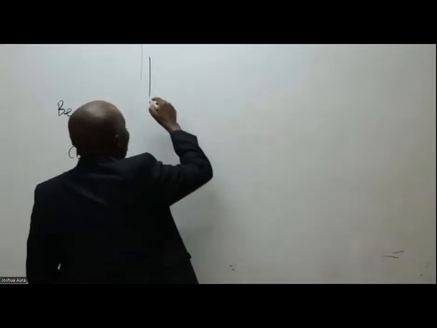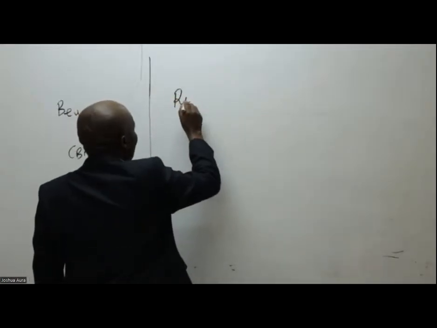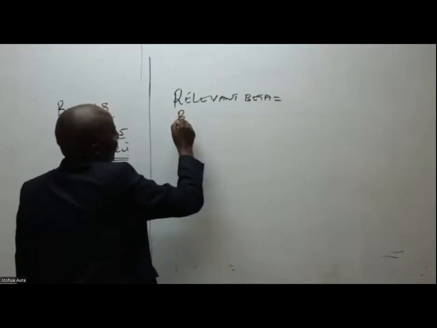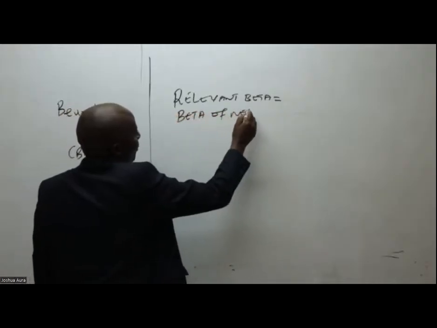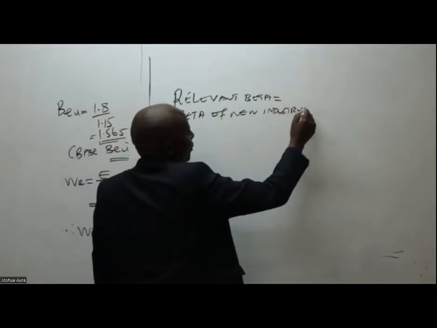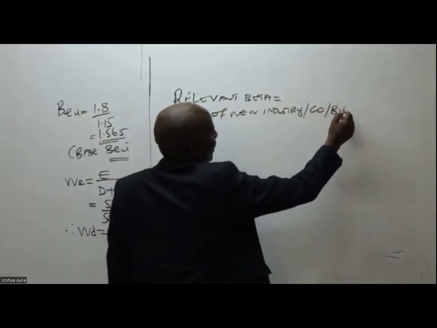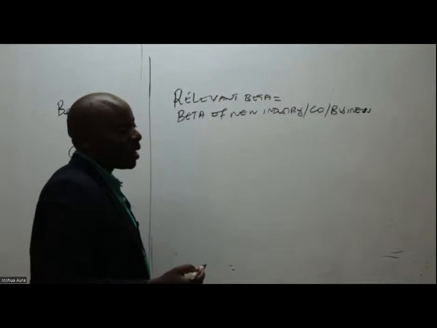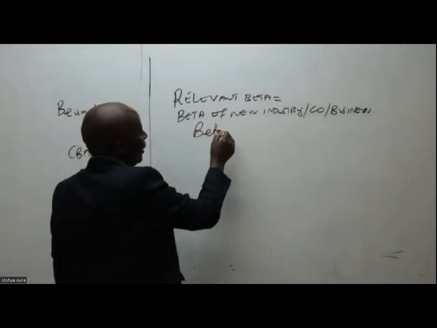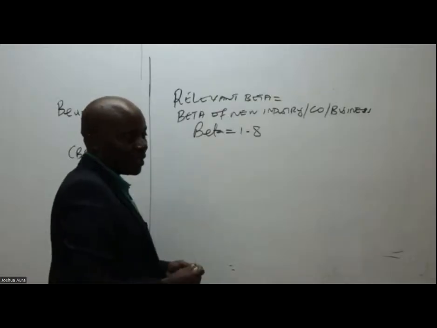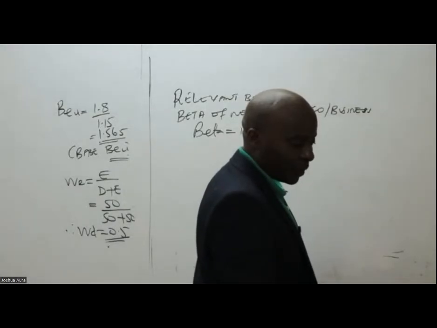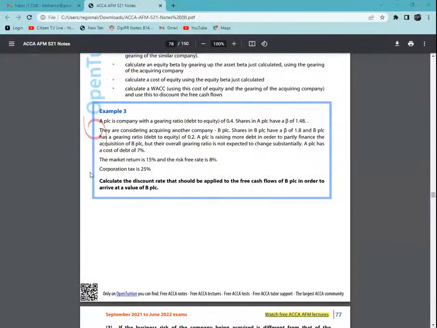The relevant beta is the beta of the new industry, new company, or new business. And this beta that they have given me is a beta of 1.8 of the new business. This beta of the new business is 1.8.